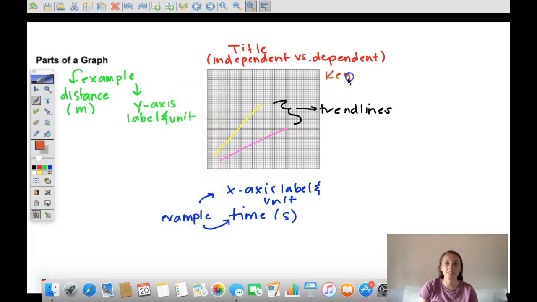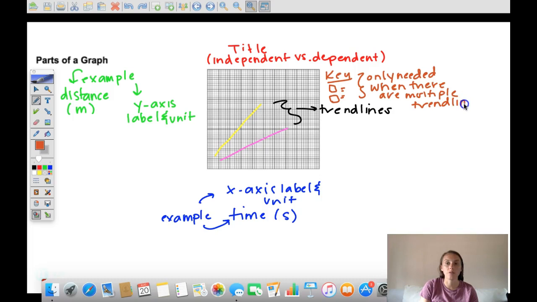And the key is going to tell us what each trend line means. Remember, you only need this when there's multiple lines. However, when we use Google Sheets to graph, which we'll be learning about in class, Google will automatically put a key in there even if it's one trend line. That's okay.